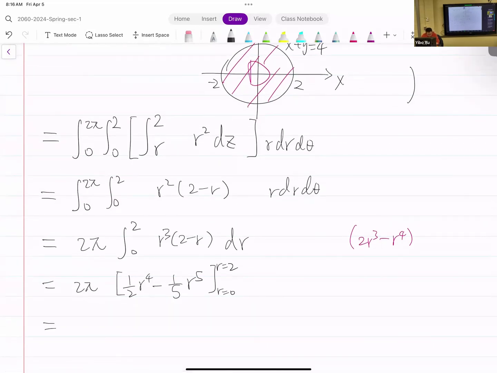So essentially, you should get 2 pi times 8 minus 32/5, minus 0. So this is essentially 16 pi over 5. Any questions so far?